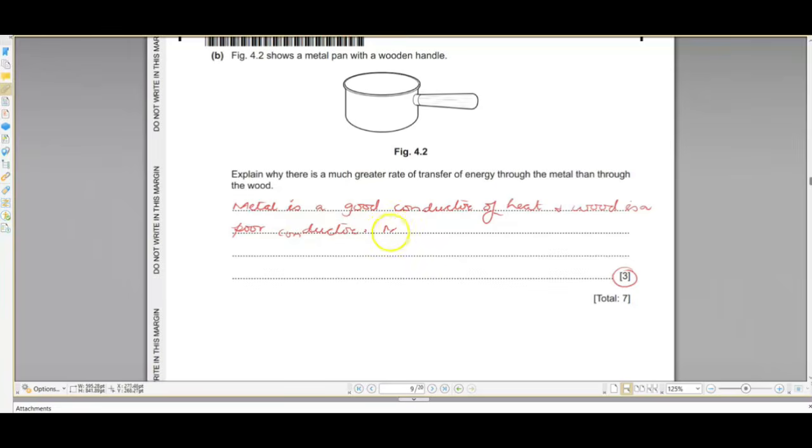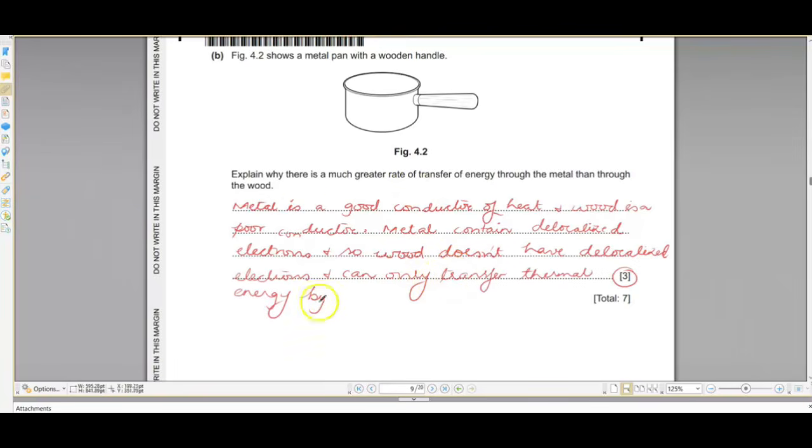This is due to the fact that metal contains delocalized electrons, and so wood doesn't have electrons and can only transfer thermal energy by lattice vibration.